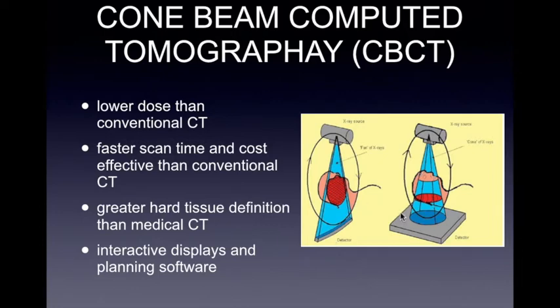With CBCT, what happens is they made a larger detector, the size to which you would like to see on a patient. And because it has a larger detector, it could detect the image that is produced or seen by the entire cone beam.